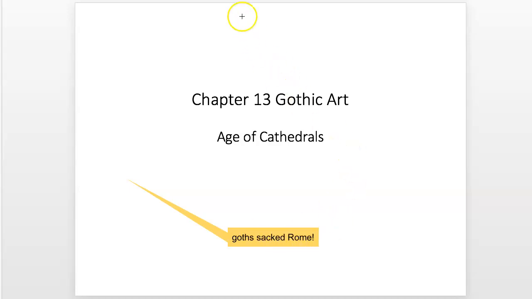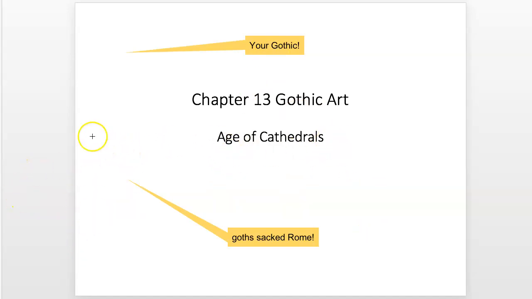So this is a negative idea for them, right? They're saying it as a bad thing: you're Gothic. Ugh. So this was originally a negative idea.